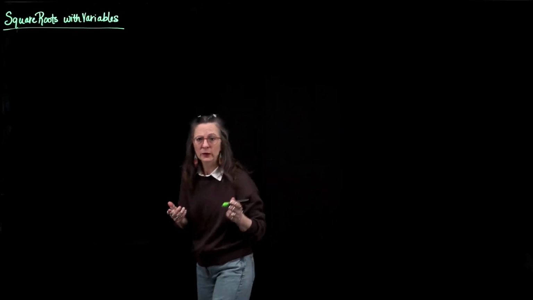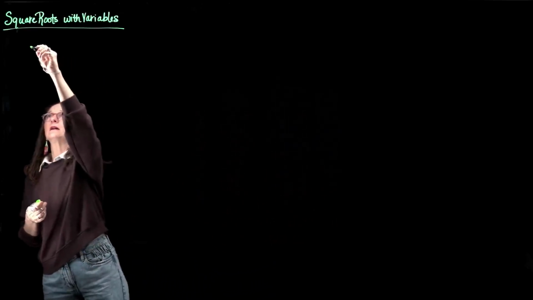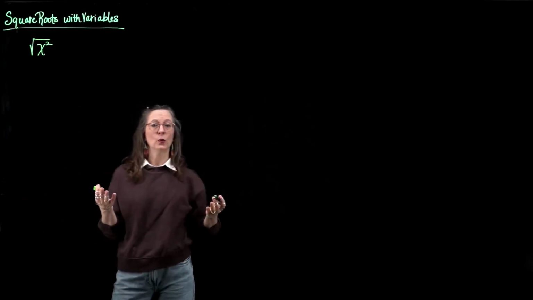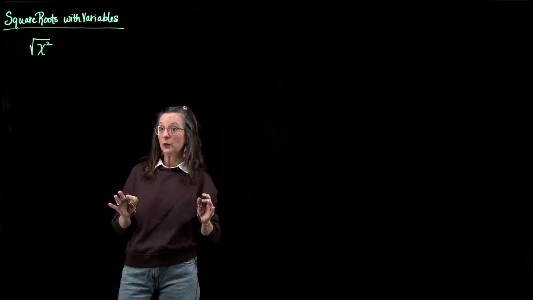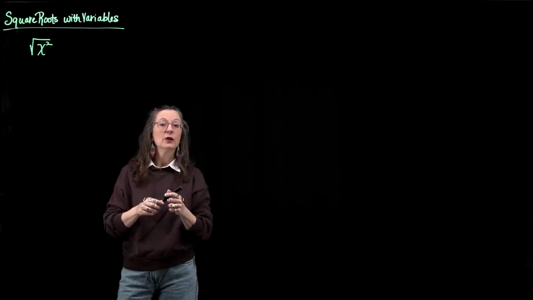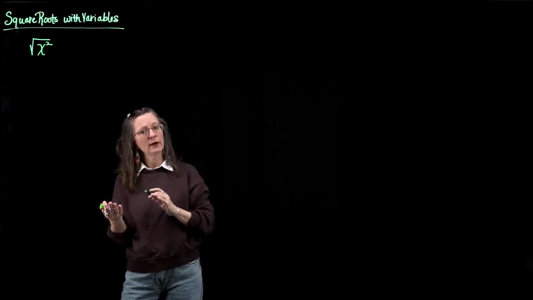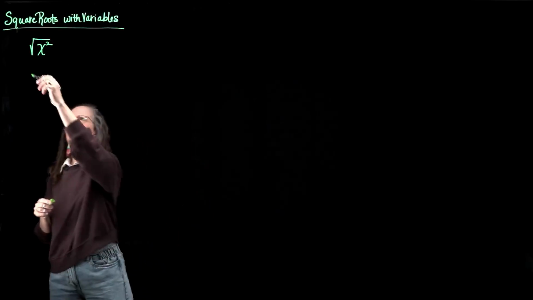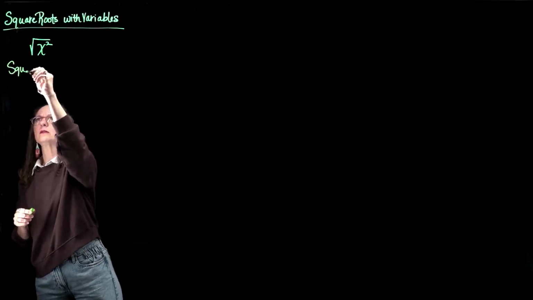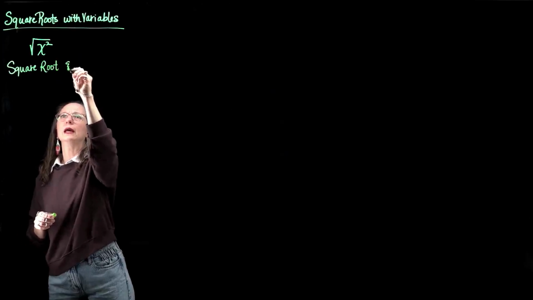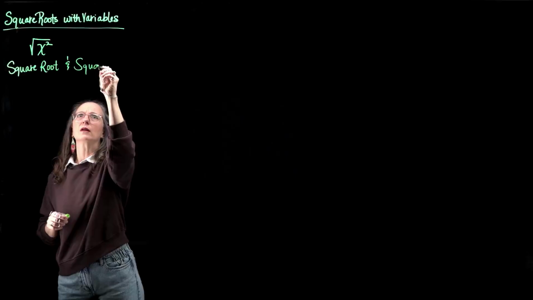All right, so a really important thing that we need to know is what is the square root of x squared? This is really important, it turns out. So I want you to think about the square root and squaring a number as opposites of one another. Let me write that up. So square root and squaring something.